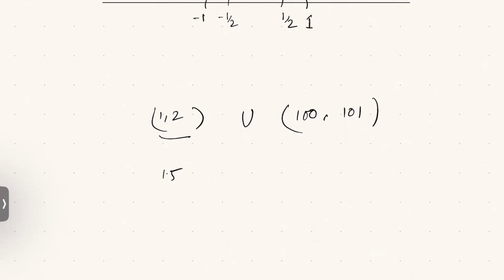Yes, you can, because if you consider the epsilon neighborhood around the point 1.5, and the radius of the neighborhood is something like 0.001, that is contained in this set. And you can separately take elements of the other set, for which you can also construct an epsilon neighborhood which is also contained in it. So it is possible to have these disjoint open sets.